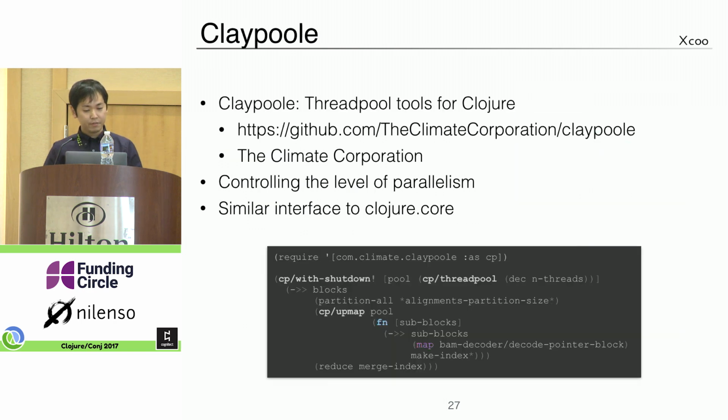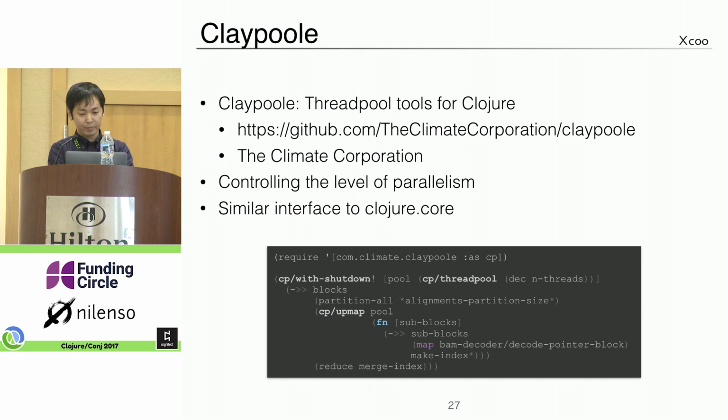So what do we use? Currently, we use the Claypool library. Claypool is not our library, but it is very convenient, so we heavily use it. Claypool provides a flexible pmap and other parallel functions such as pcall, upmap, and pdoseq.